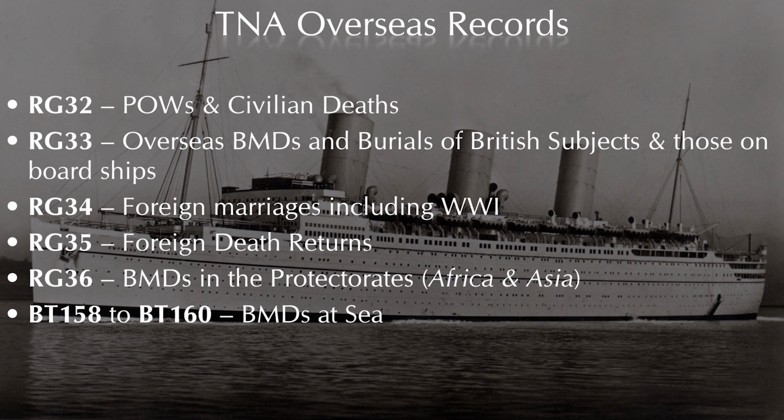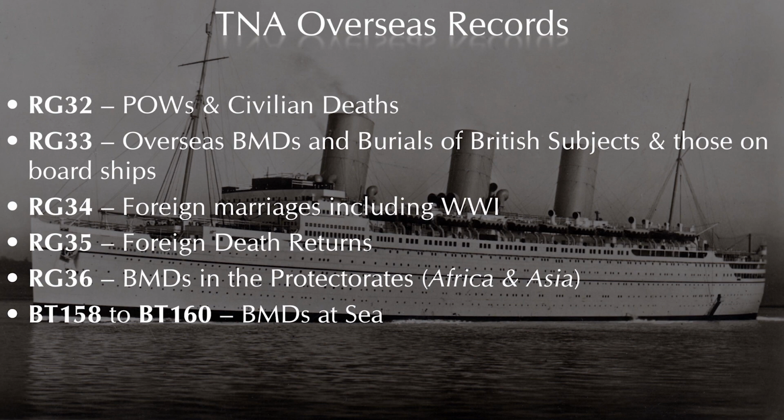RG35 contains the foreign death returns, and RG36 contains births, marriages and deaths in the British protectorates, places like Africa and Asia. Then you also have birth, marriage and death records at sea, and that's found in the Board of Trade series BT 158 to 160. And all of these record sets, including the ones I'll be talking about in the future in this talk, are all available on the Genealogist.